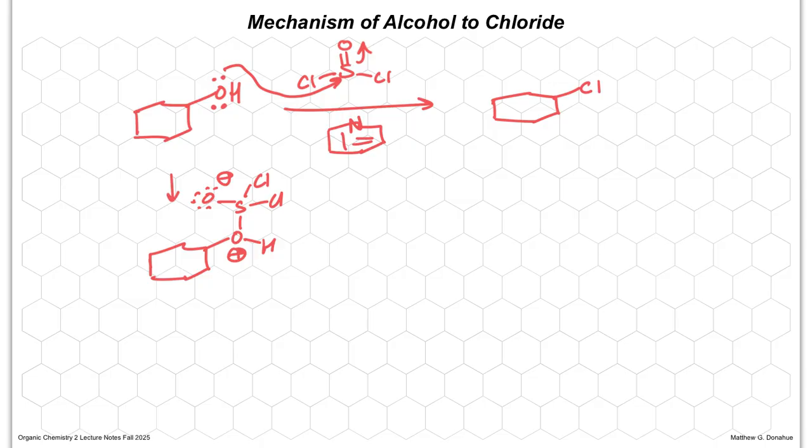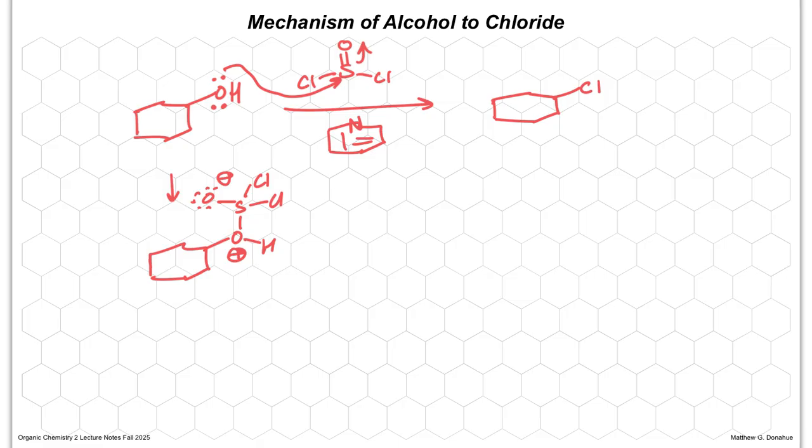So sulfur gets attacked, we break a pi bond, we get this intermediate. We've balanced off the charges. This oxygen's minus, that one's plus.